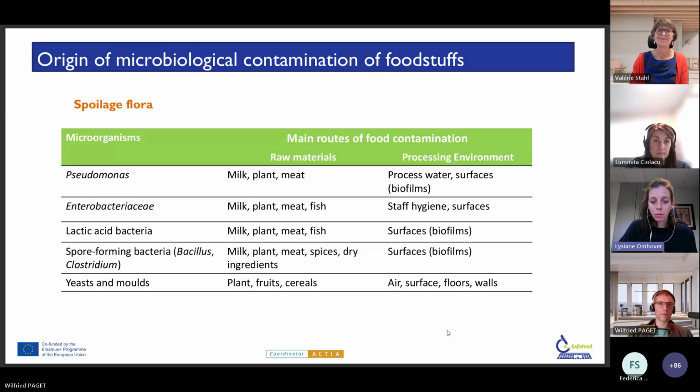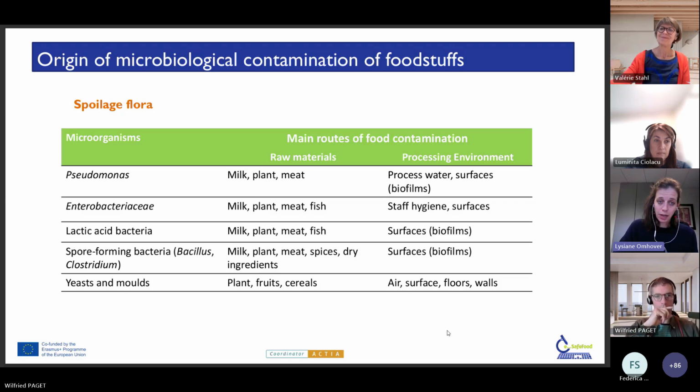Here in this table, we give you some examples of microorganisms involved in spoilage. You have a list of some microorganisms, such as Pseudomonas, and we listed the main routes of food contamination.